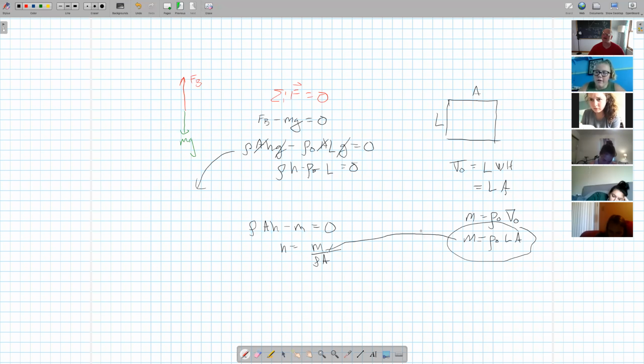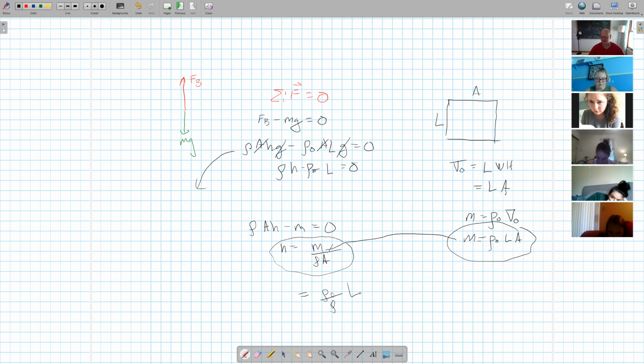In this case, you would have to know the density of the object. So you're just leaving it here, which is absolutely okay. I'm just taking it one step farther and saying, I know the density of the object. So this is going to be rho 0 over rho all times L. So that's the only difference.